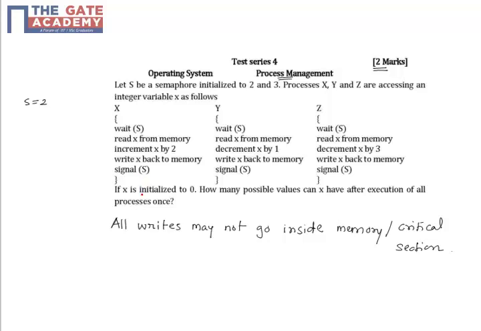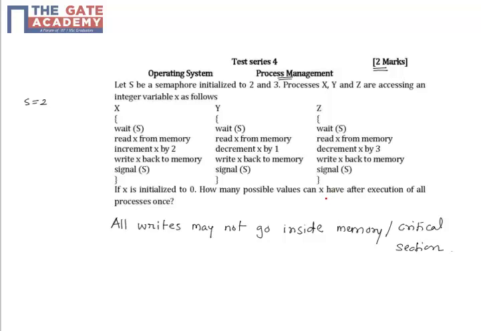The question is, if X is initialized to 0, how many possible values can X have after execution of all processes once? So let's assume that X is initialized to 0. Because we are allowing more than one process to go inside the critical section, there is a possibility that there might be more than one possible value which might be written into the memory.